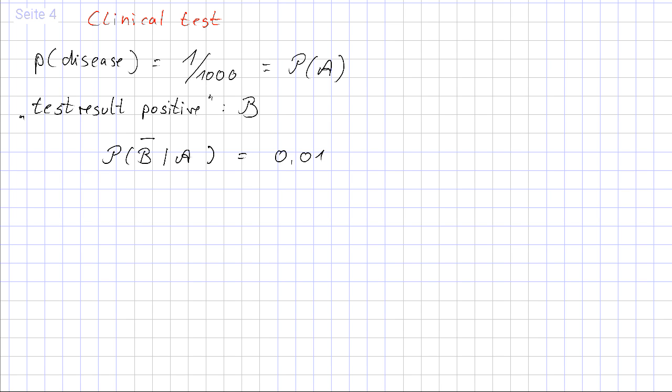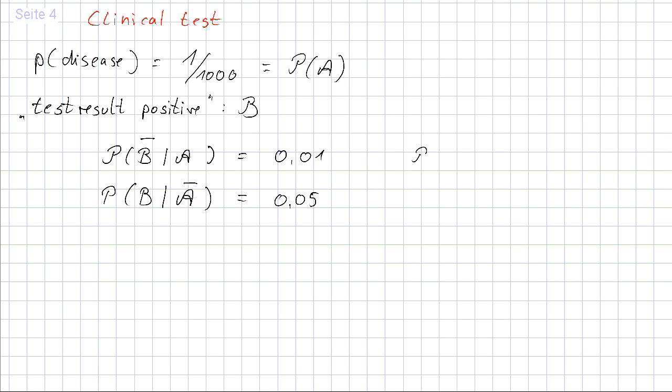And there's also the probability that the test returns a positive result, even though you are perfectly healthy. So that means P of B given A not is 0.05.